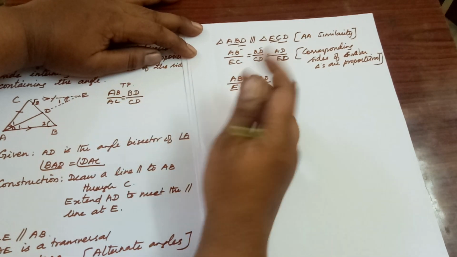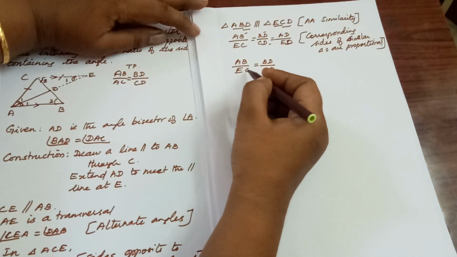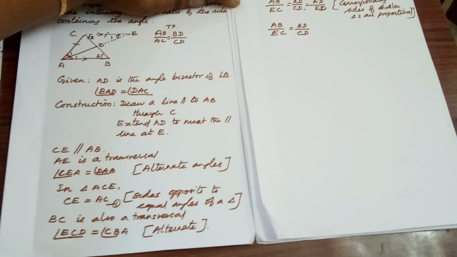To prove it, we have to change something here. Let us observe something. We have already proved that CE, or EC, one and the same, is equal to AC. We can name this as 1, and we are going to use this.